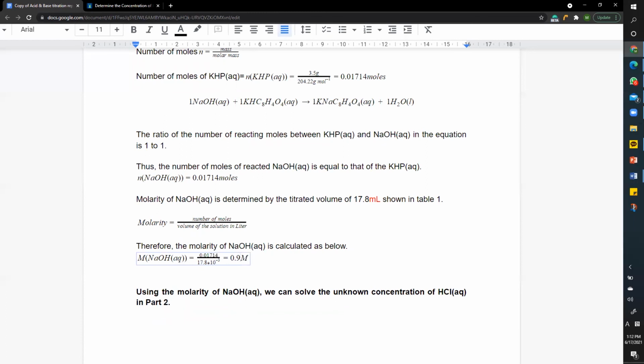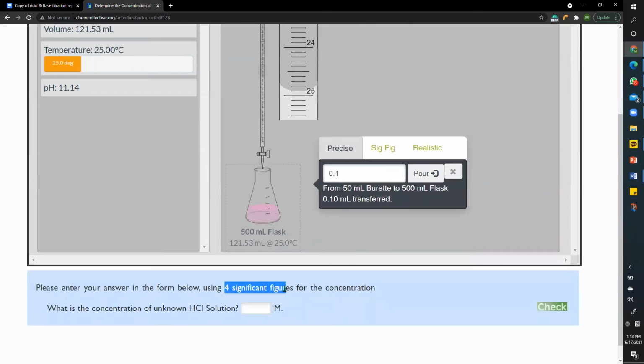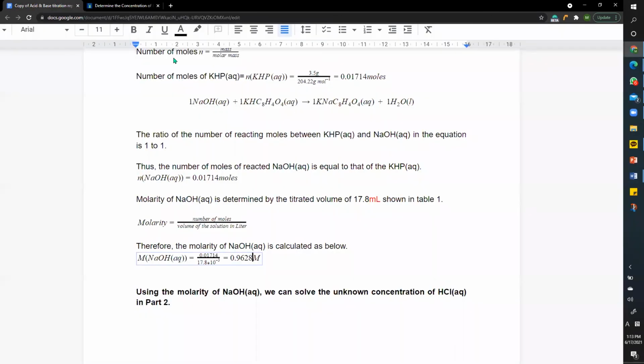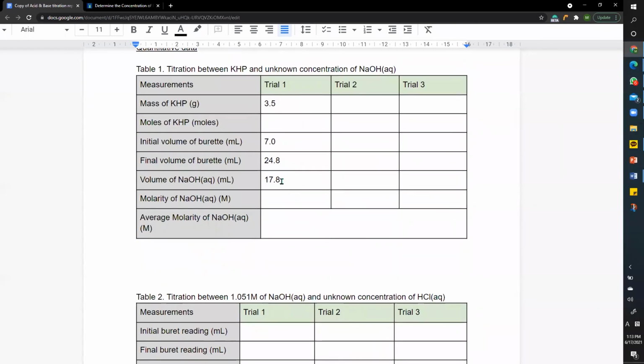When I calculate this with my calculator, I got 0.9628 with four significant figures. I'm trying to use four significant figures because they want the answer to four significant figures. But this is just to show you guys.